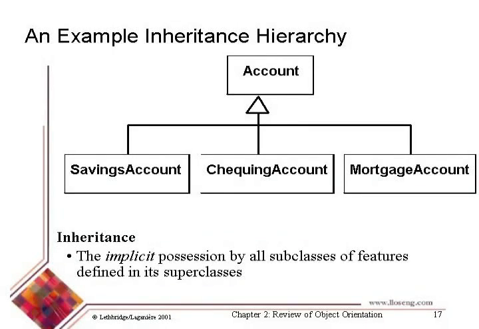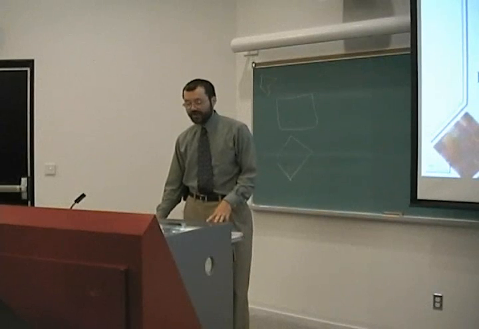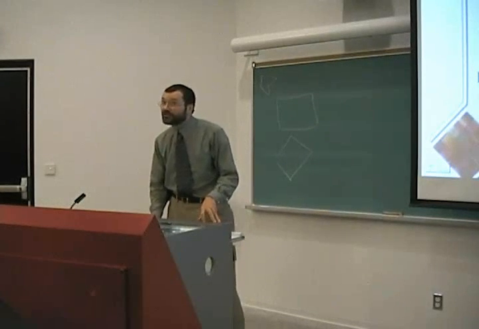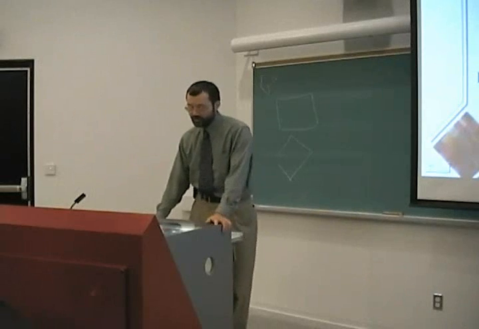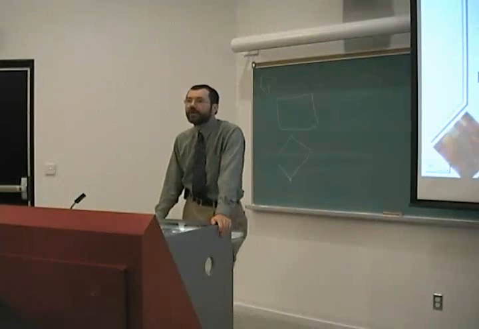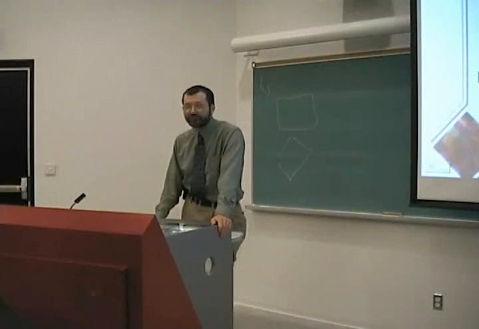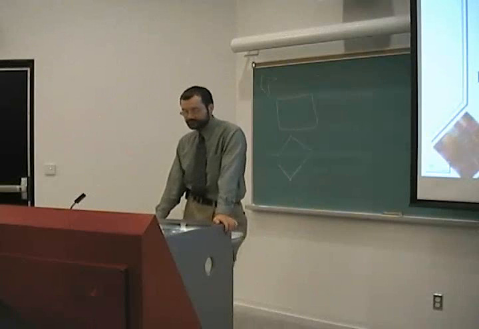You can use them, you can program with them. If I define methods up here, they will be there down below. If I define static variables, they will also be there down below. Things inherit, okay? Right now we're just going to focus, however, on our instance variables and instance methods, because those are the ones that we're going to work with 99% of the time. You've got to remember that they do exist down below.